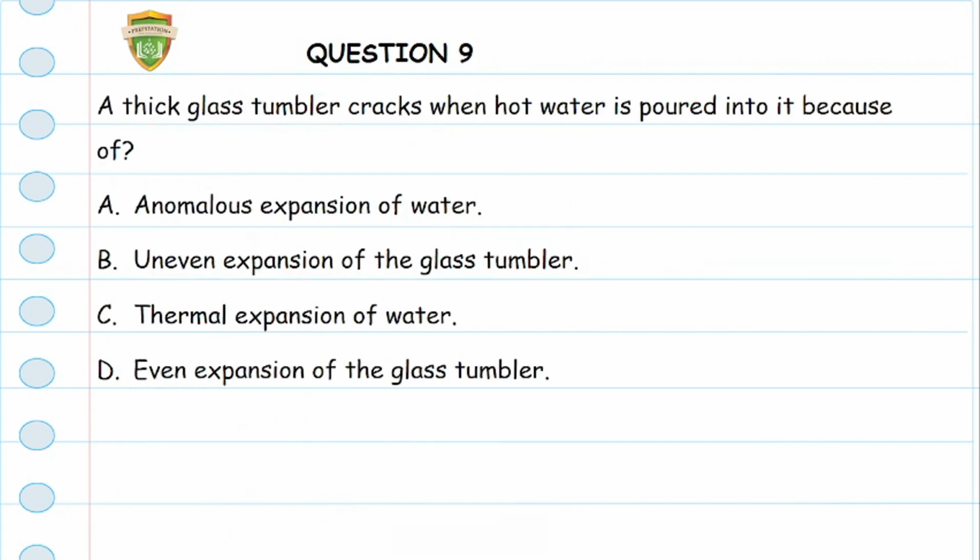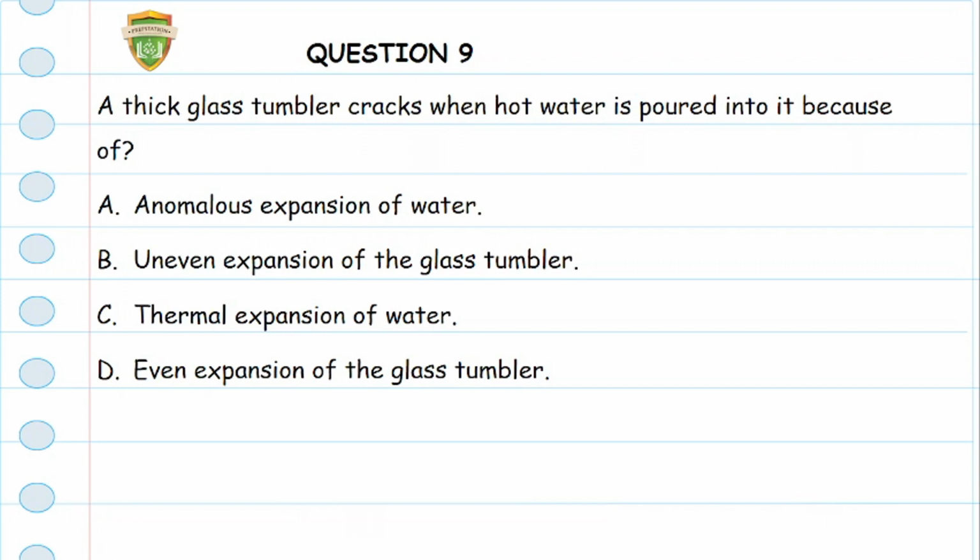So that means that our answer in this case will be option A, which is I only. Question 9 says that a thick glass tumbler cracks when hot water is poured into it because of, and we have four options here. The first one says the anomalous expansion of water. The second one says the uneven expansion of the glass tumbler. The third one says the thermal expansion of water. And the last one says the even expansion of the glass tumbler.